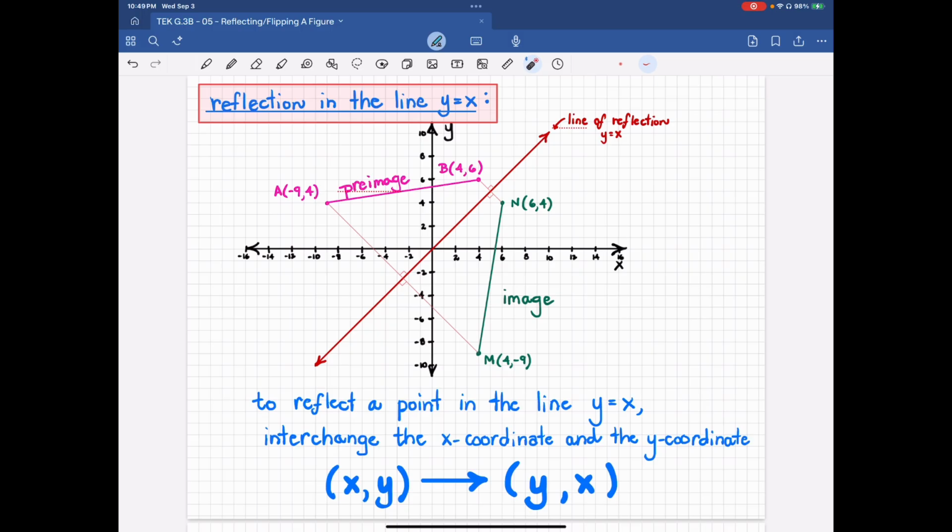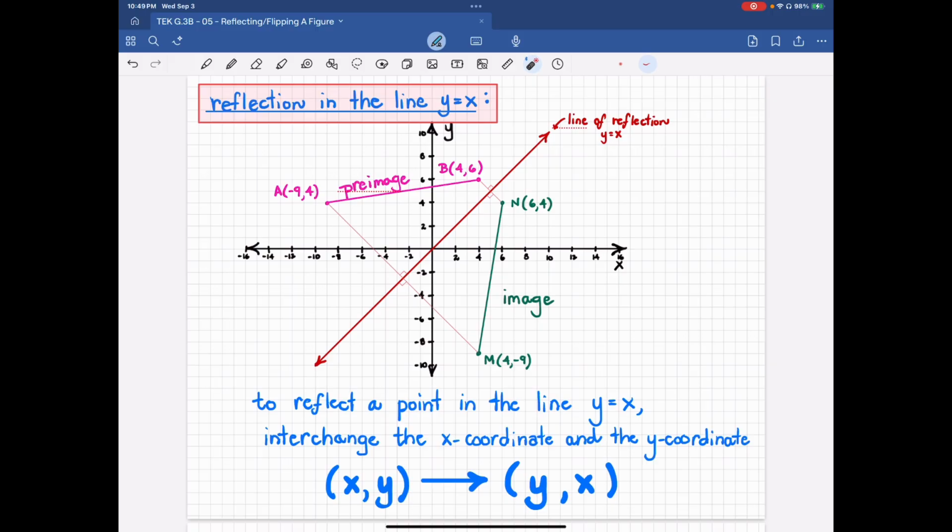Now that you know that, we're going to do the same process that we did in the previous examples. Here's my pre-image right here. It's a line segment. I have A at -9, 4, and I have B at 4, 6. I want to reflect it on this line right here, y equals x. So you know what we have to do.